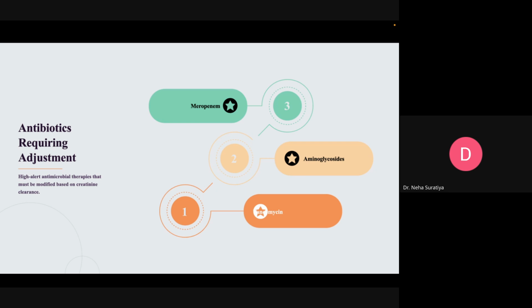So first, let's discuss vancomycin, because that is a very important drug. I already told you in the introductory slide that it is primarily excreted by the renal route, so it can accumulate very, very quickly. That is the reason it is a high alert antibiotic.